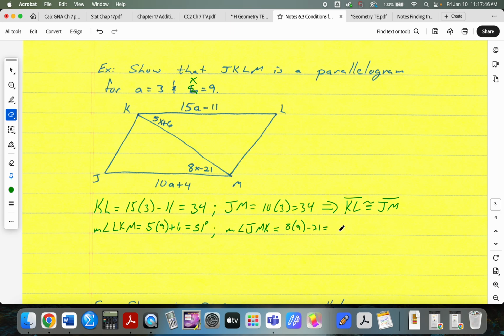Let's see, that's 72 minus 21, is also 51 degrees, which means that angle LKM is congruent to angle JMK.